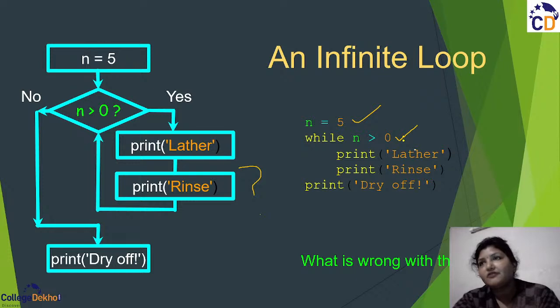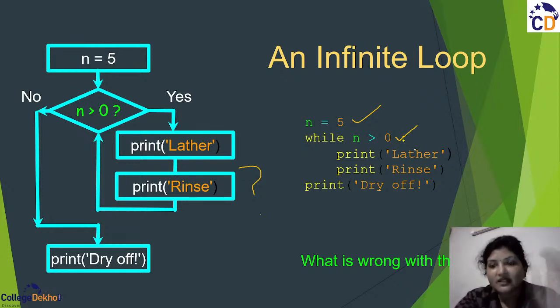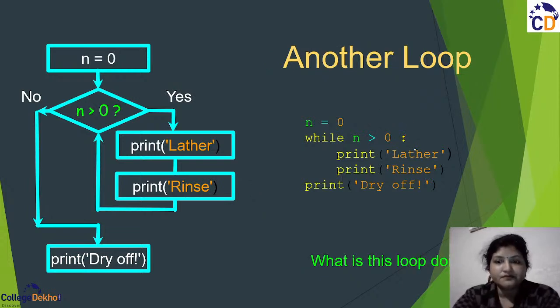You have to put some exit function or some break function to come out of this loop, because you can't keep such a thing going when you don't want to have an infinite loop.